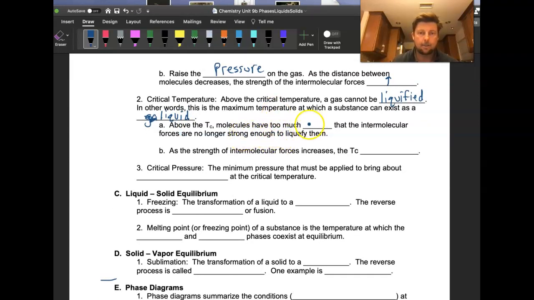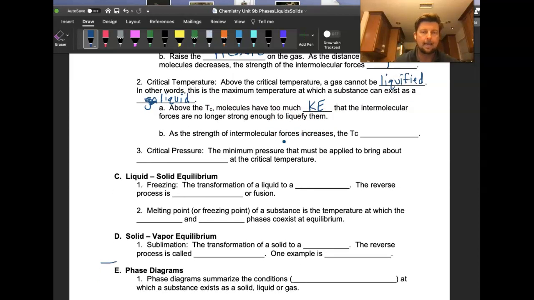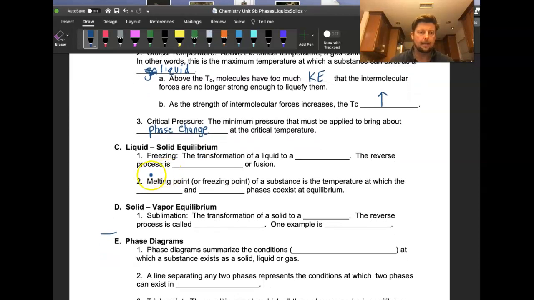Molecules have too much kinetic energy, so the intermolecular forces are no longer strong enough to liquefy them. As the strength of the intermolecular forces increases, the critical temperature also increases. Critical pressure is the minimum pressure that must be applied to bring about a phase change at the critical temperature.